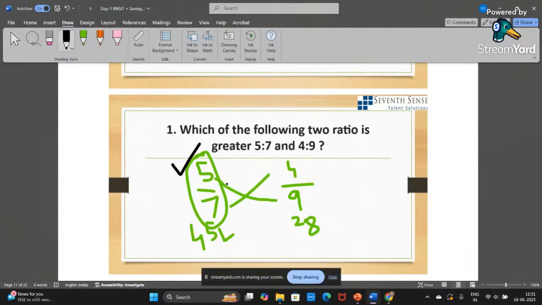I'll repeat it again. First, you have to write the ratio in the form of fractions, 5 by 7 and here 4 by 9. Then you have to multiply the first numerator with the second denominator. When you're calculating this numerator with this denominator, the value should be written at the numerator which you have considered.